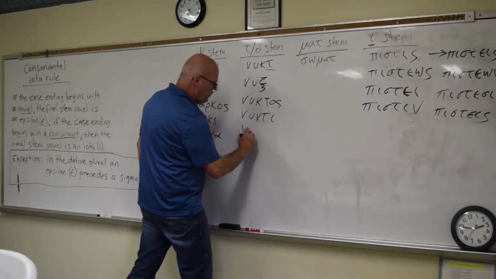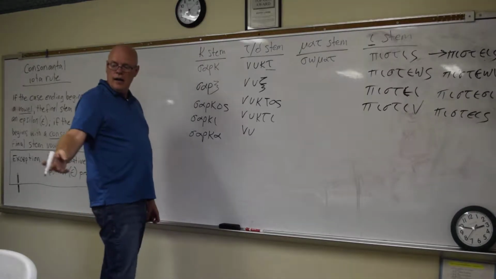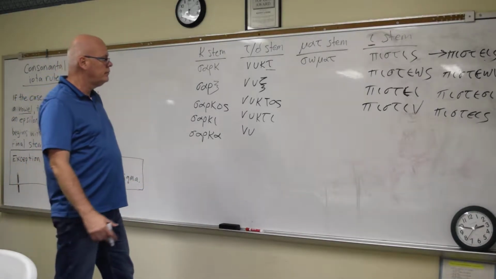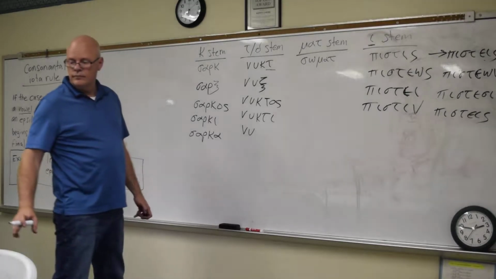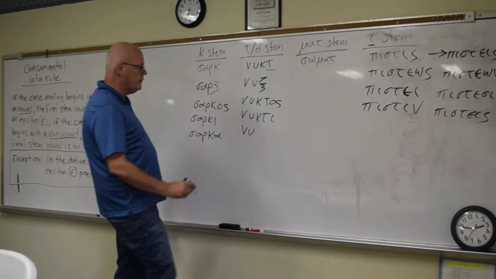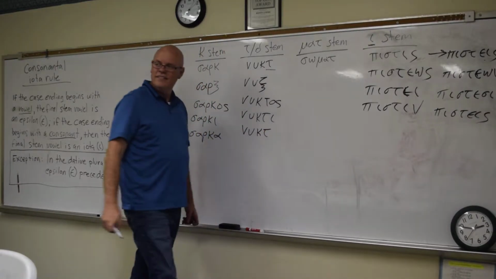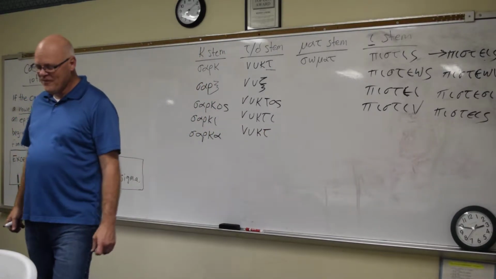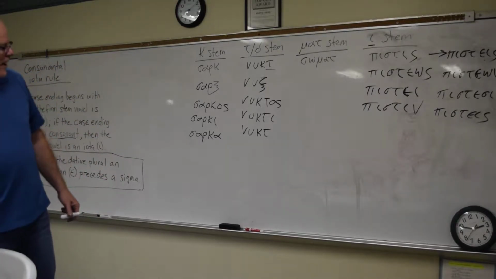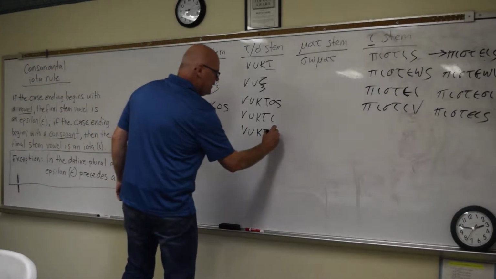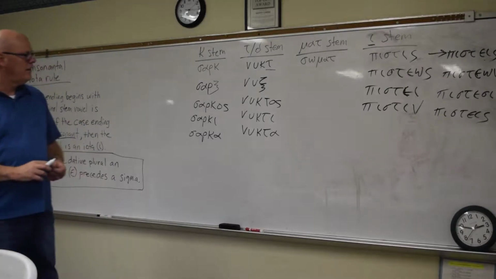And then what do I do if I want to have an accusative? Add alpha. Or is this the one that gets the sigma? It's alpha. Right. And then the next one is going to be the sigma.